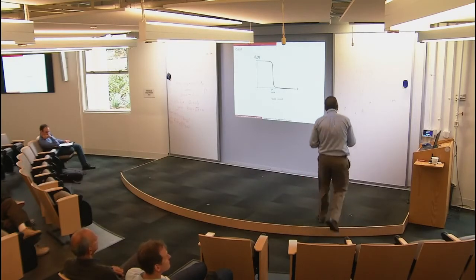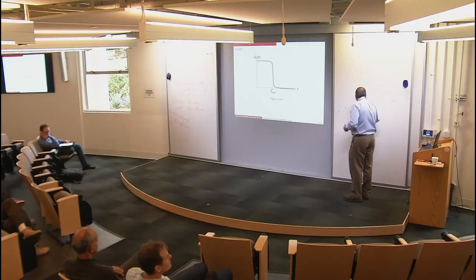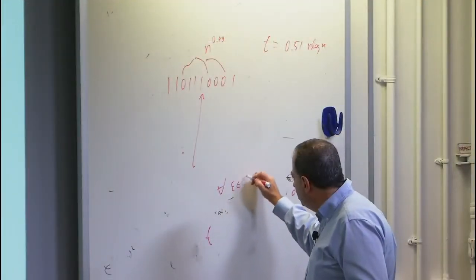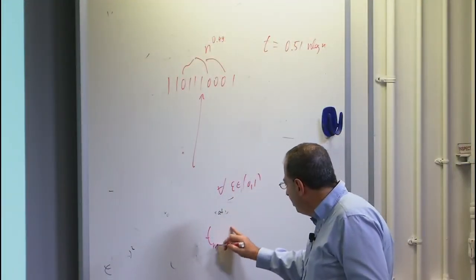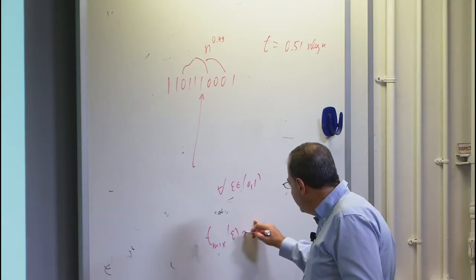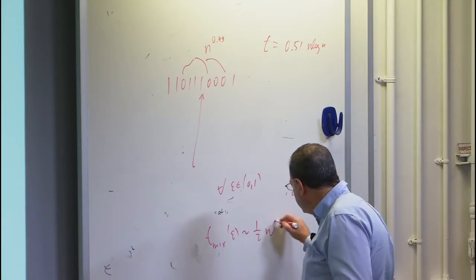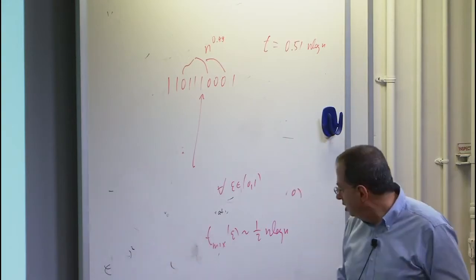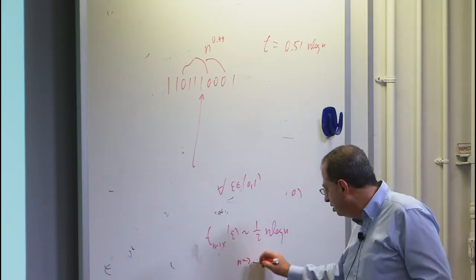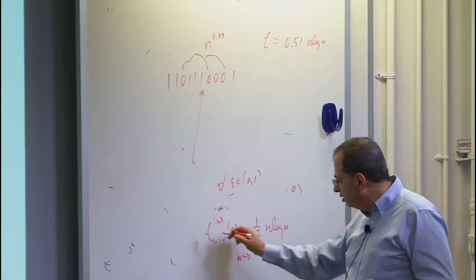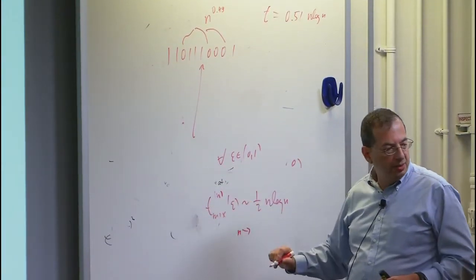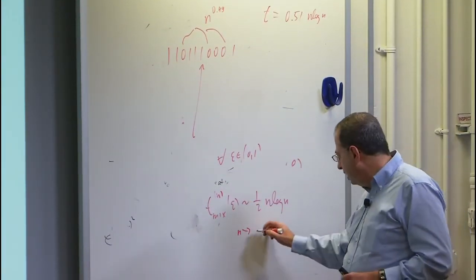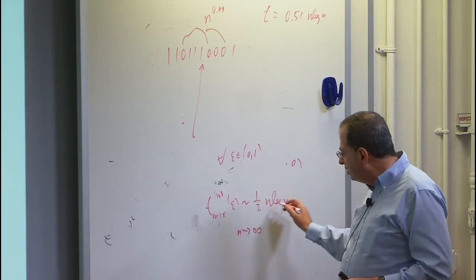So here's what happens on the hypercube: for any epsilon in (0, 1), T mix of epsilon is asymptotic to half n log n as n tends to infinity. And I should put an n here, so this is on the n-dimensional hypercube as n tends to infinity, and this doesn't depend on epsilon.